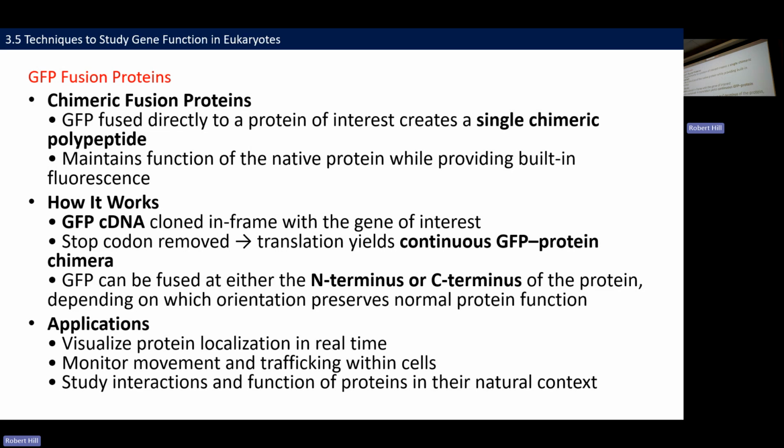And you just have to experiment to see which side lets the protein retain its function and its localization, as long as it still works with that GFP tagged onto it. So given the choice, you can put it on different ends of the target protein.